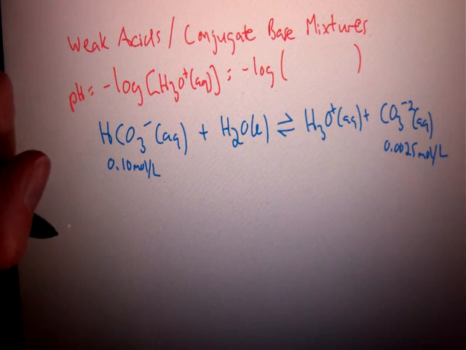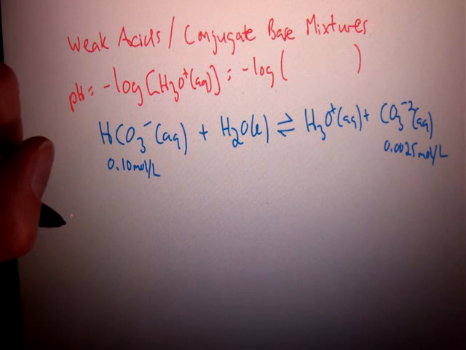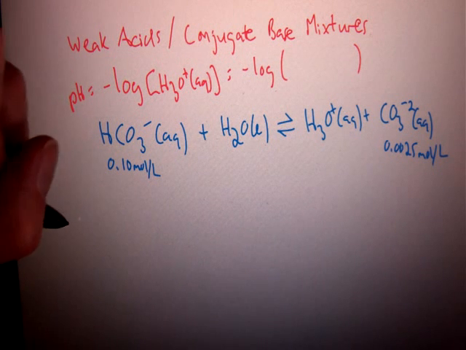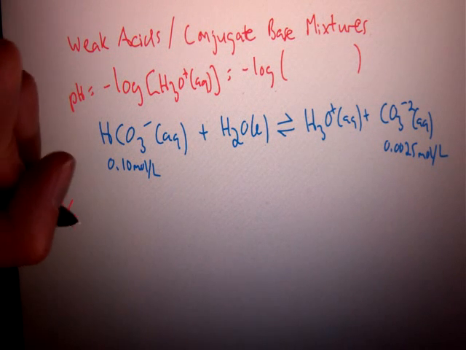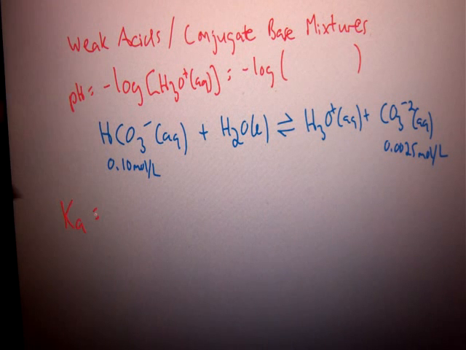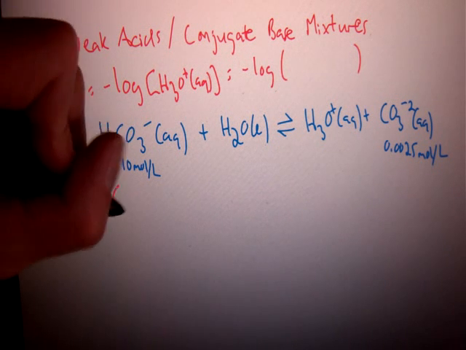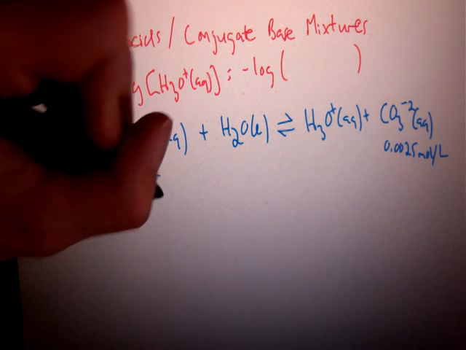However, with buffer pHs, we don't want to go right into that shortcut. And that shortcut I'm referring to is where we utilize the square root of Ka times the acid concentration. Okay, don't use that. But we will start a similar way in that we want to write out our equilibrium law. So Ka is products over reactants as normal.